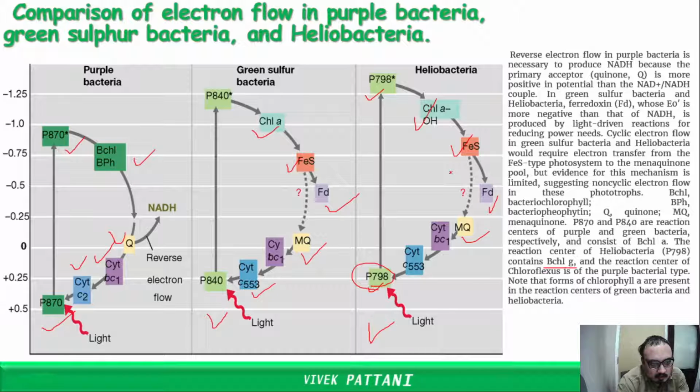Again, the reaction mechanism is not known. From menaquinone, it will be transferred to cytochrome bc1 and to cytochrome c553, and the electrons will further be passed on to the P798 reaction center.